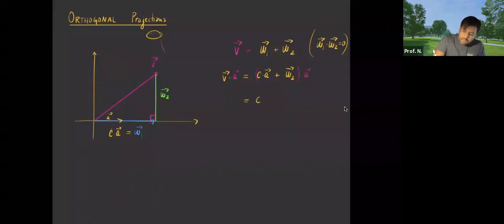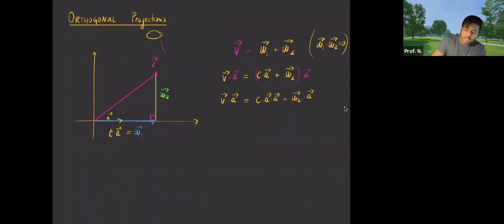I get C times A dot A plus W2 dot A, and I get V dot A. Now, because A is in the same direction as W1, A is also perpendicular to W2.